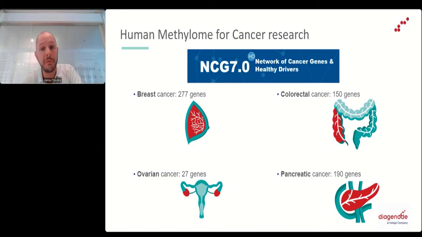It covers 150 genes that have been shown in this database to be important for colorectal cancer, 27 genes for ovarian cancer, and 190 genes for pancreatic cancer. So it seems to be a very wide panel that can be used for many different subtypes of cancer.